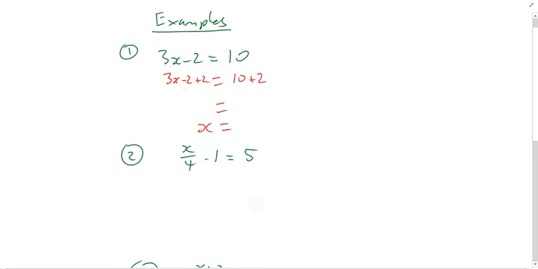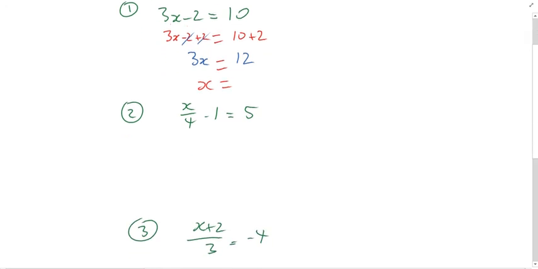Then those two things will cancel out. Minus 2 plus 2 gives me 0, so I'm just left with 3x is equal to 12. And then I've got timesing by 3, so I'm going to go 3x divided by 3 and 12 divided by 3. They'll cancel out, and 12 divided by 3, x is going to be equal to 4.